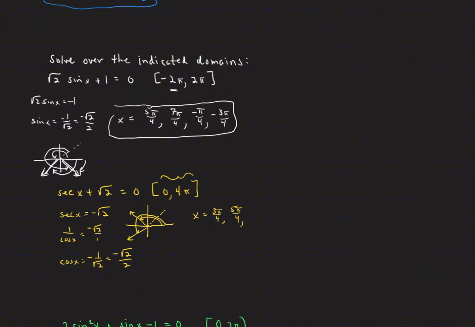So then if we go around the circle, 2 pi, another 3 pi over 4 means we're going to add 2 pi or 8/4 to the 3 pi over 4 to get 11 pi over 4. And continuing on, we're going to add 2 pi to the quadrant 3 angle. So 8/4 plus the 5/4 will be 13 pi over 4. And these are going to be our answers between 0 and 4 pi.